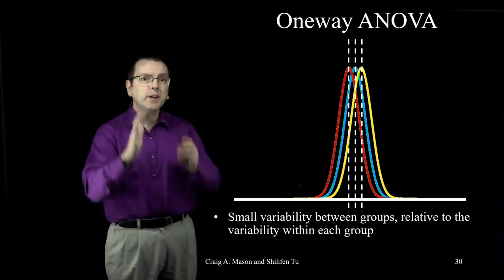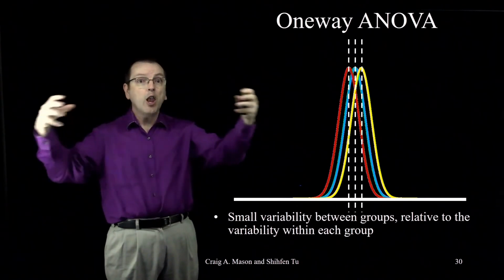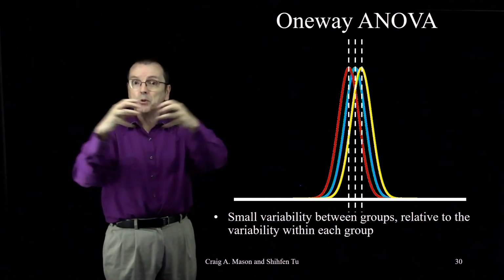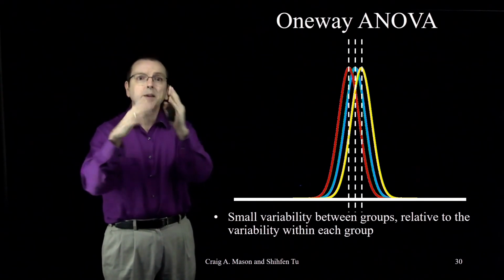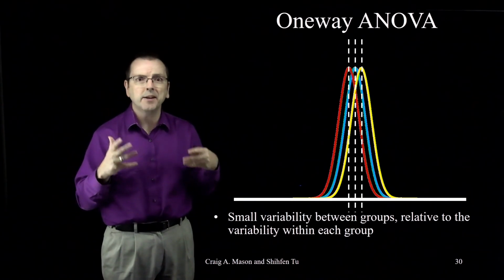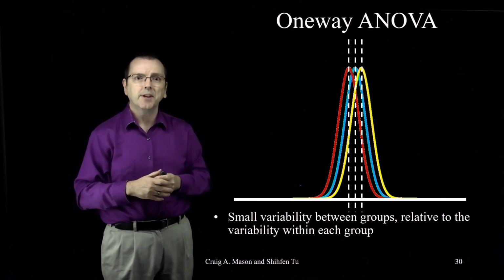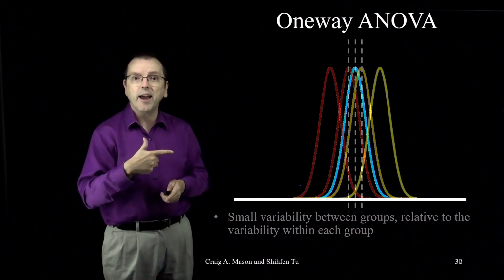Now, if there's only a small amount of variability between our groups and a lot of variability within the groups, it's easy to see that that small variability between the groups may just reflect random chance. Okay? Now, in contrast, what if the data looked like this?